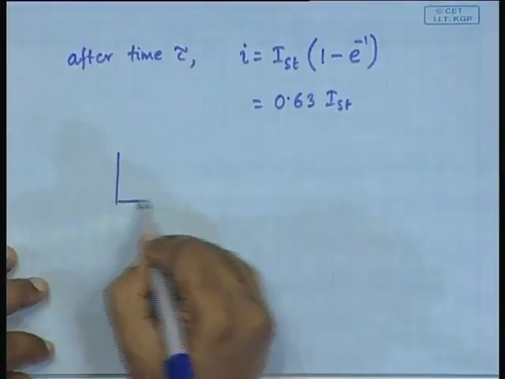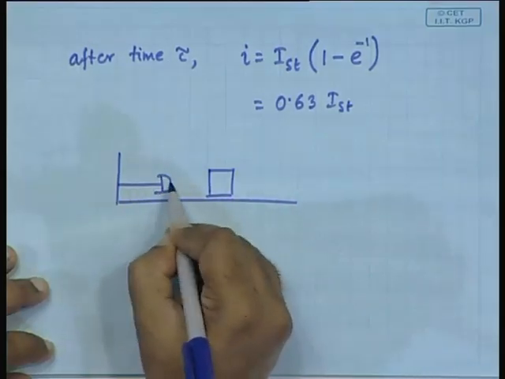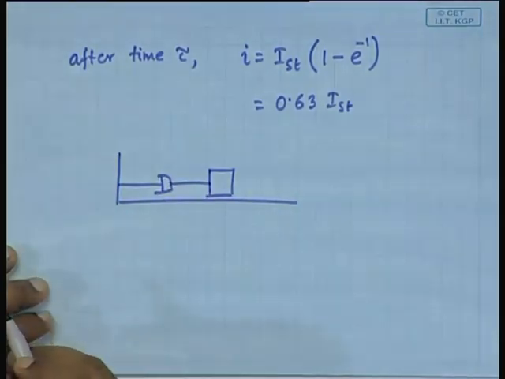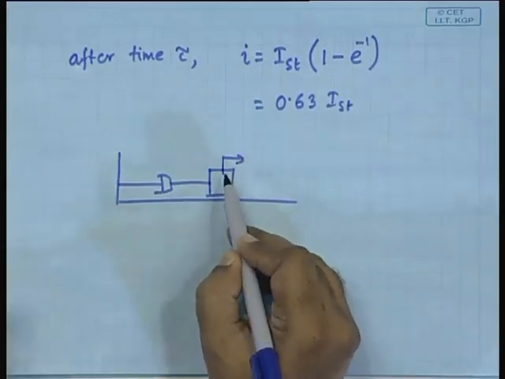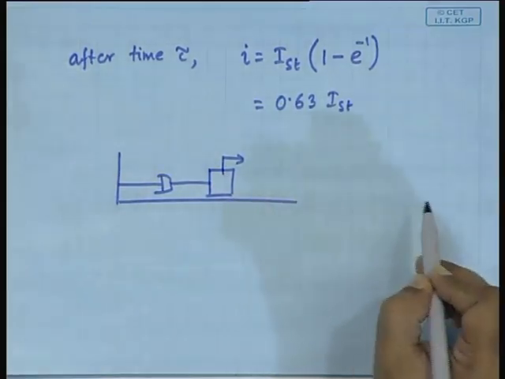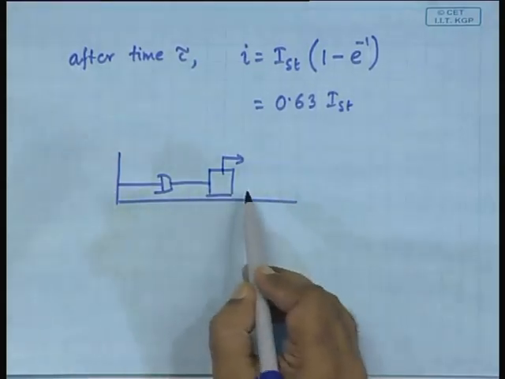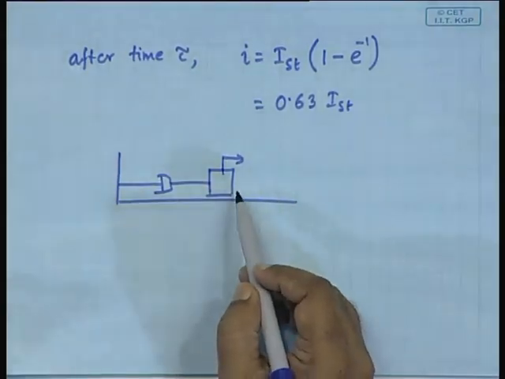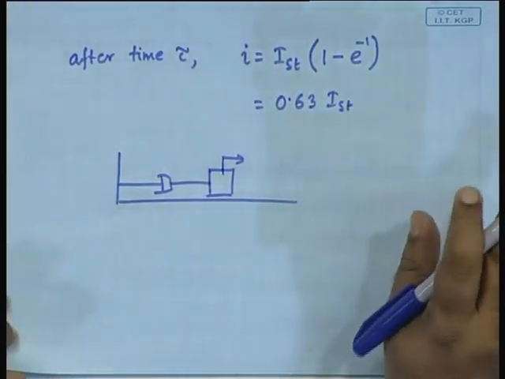So, a system which is something like this, a mass, and then it is being acted on by a force that starts acting at a certain time. So, it will keep moving, but the speed will slowly increase and then will reach a certain value, and all that whatever you have learnt will be applicable in the same way.